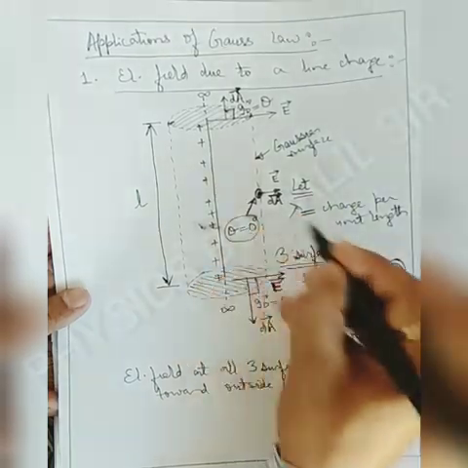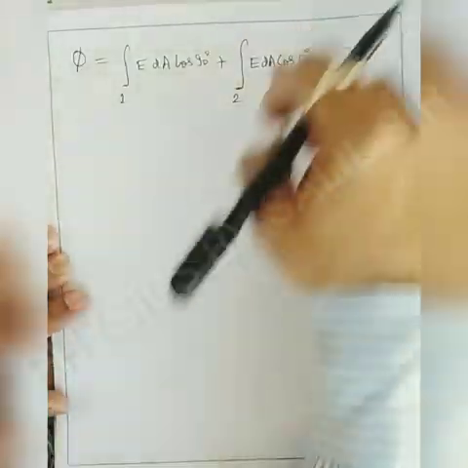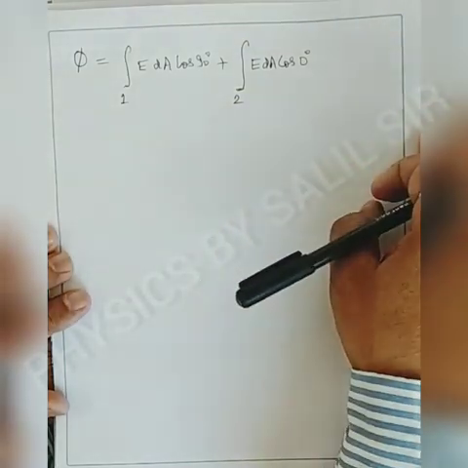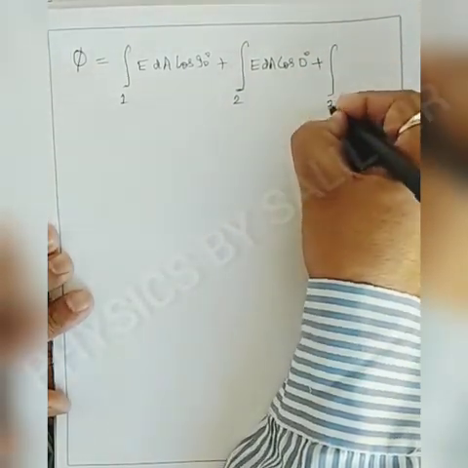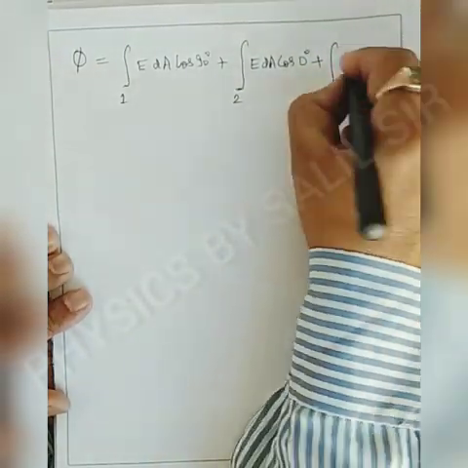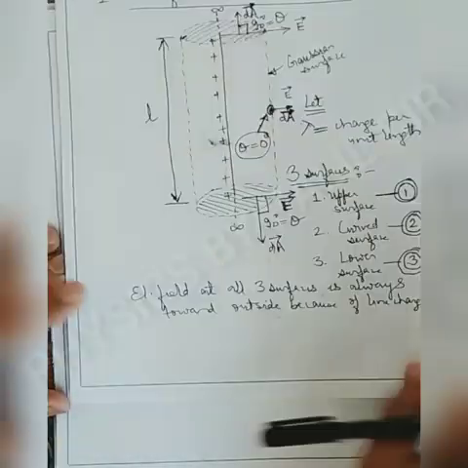That's why theta is 0 degrees for the second surface, the curved surface. Plus for the third surface, the integral of the third surface is again the lower surface.